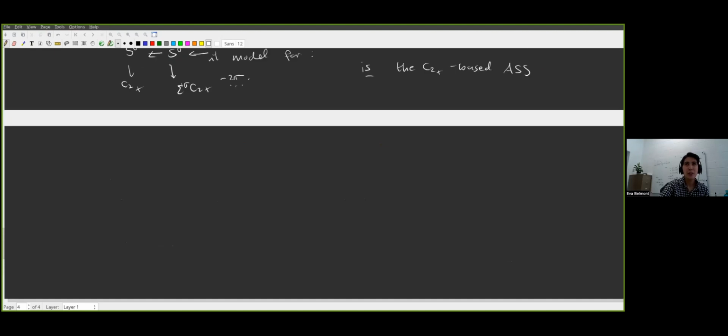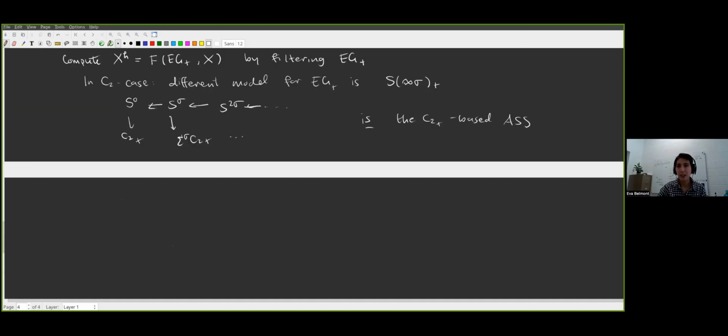Maybe that's not so surprising, but the point is that by writing it as the product of these two spectral sequences, it becomes more computable.